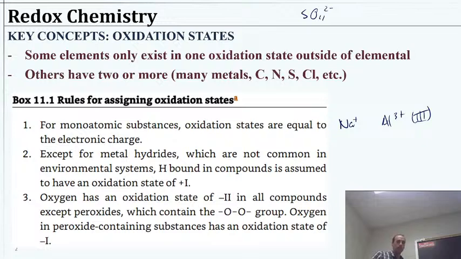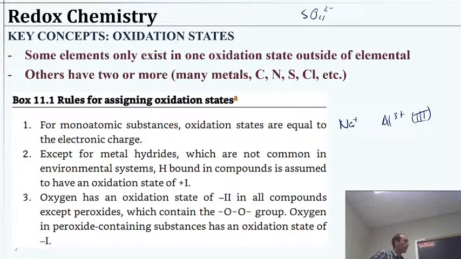Number 2, except for metal hydrides, which are not common in environmental systems, hydrogen bound in compounds is assumed to have an oxidation state of 1+. So there's a few exceptions, but we're going to ignore those metal hydrides. Pretty much we treat hydrogen as a +1. Okay?